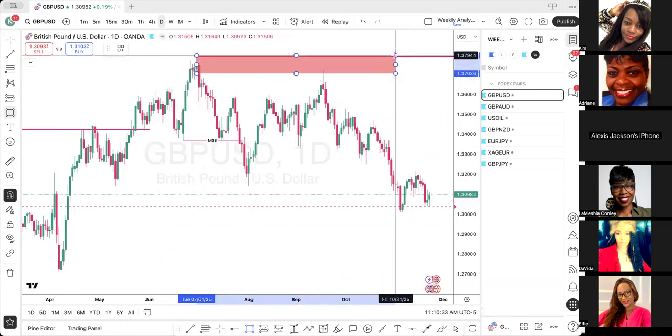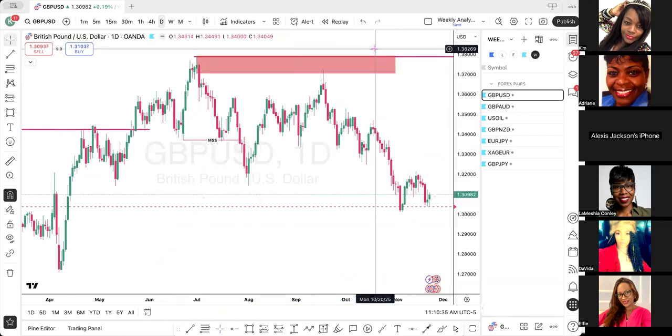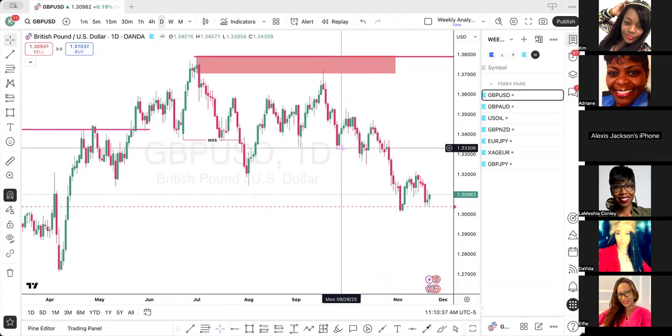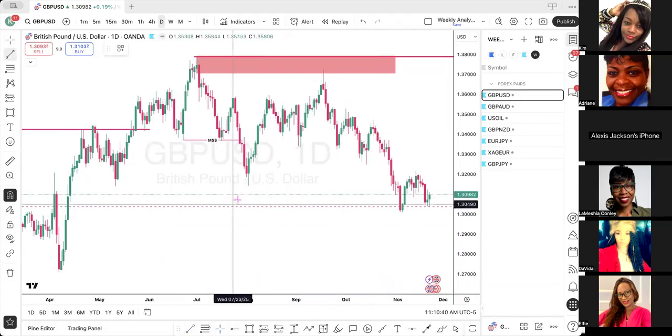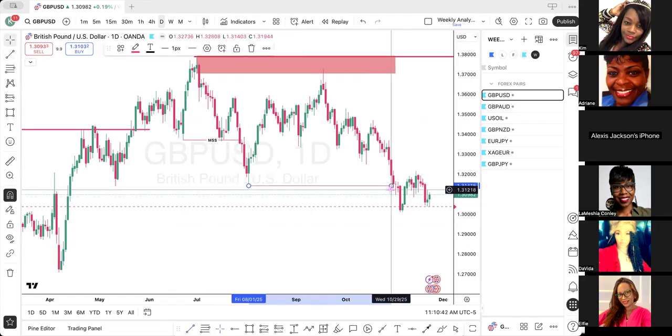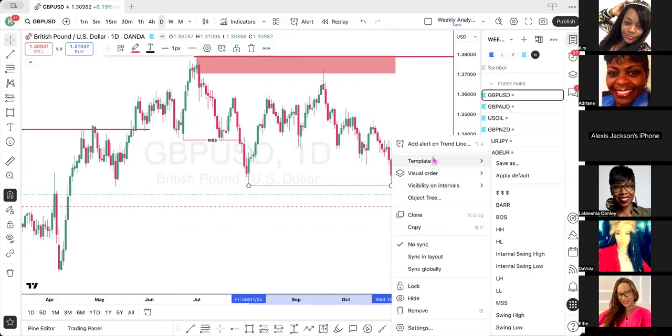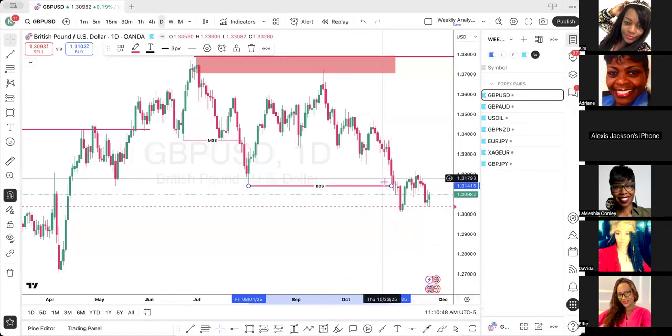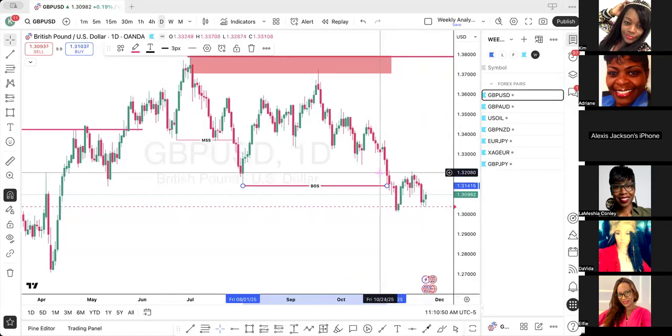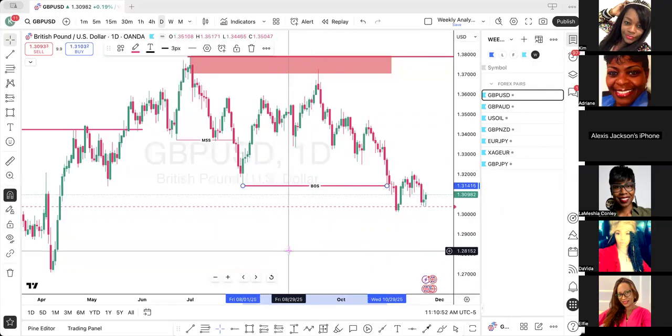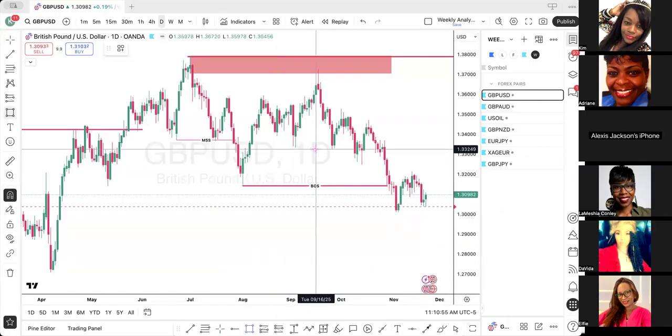This was our supply zone that price pulled back to for the sell. So now this is our swing low, and we got a break of structure of that swing low. So now we have a new supply zone.